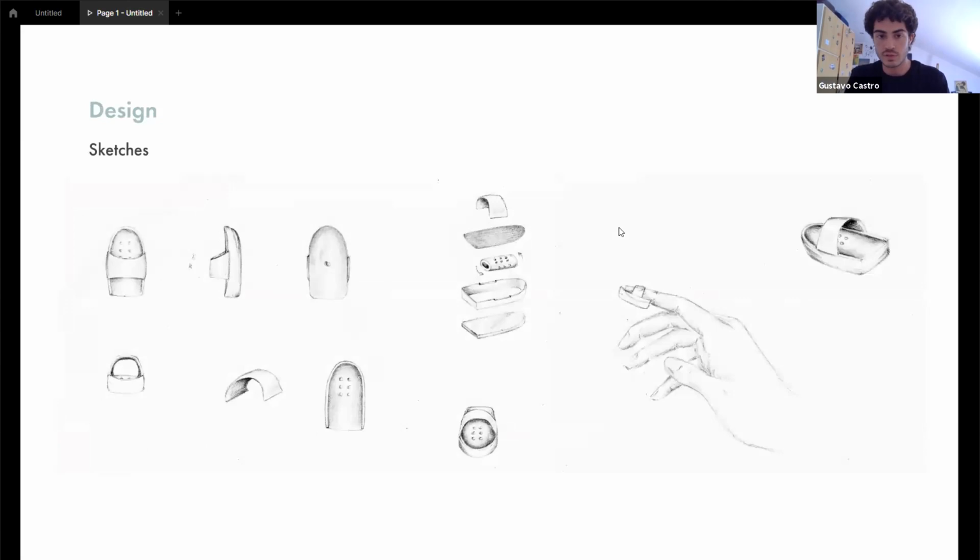As we did research on braille and how blind people read, we started making our first sketches, as you can see here. We also got in contact with ACAPO, which is the Portuguese Association for Blind and Amblyopic People, which gave us a better insight on this subject.